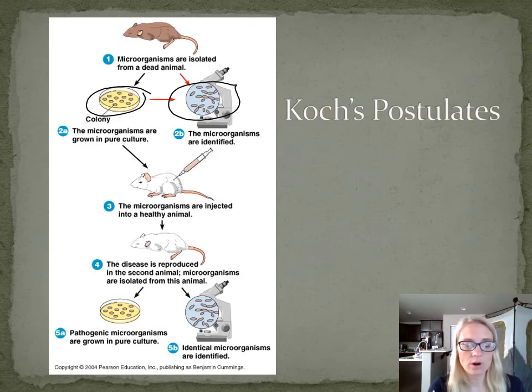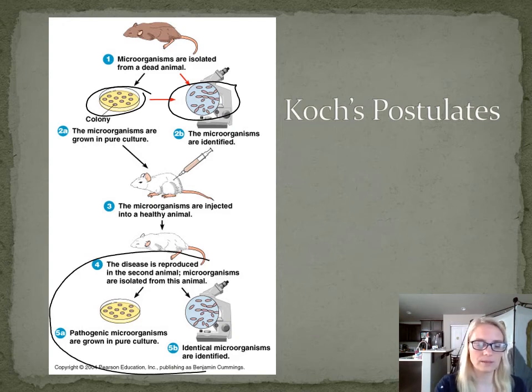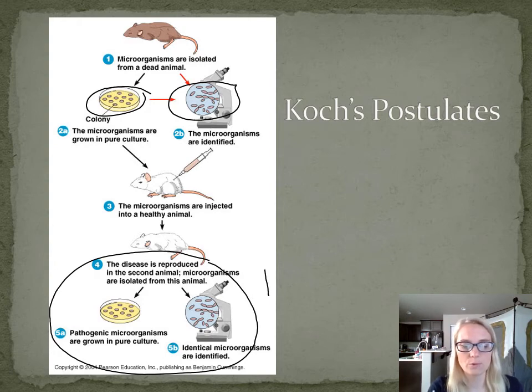Then step 4 is that the healthy susceptible host gets sick with the same disease, right? So same signs, same symptoms, and isolate. So I'm kind of making these be 1. This is my number 4. So the healthy susceptible host succumbs to the disease and you re-isolate and identify the same organism.